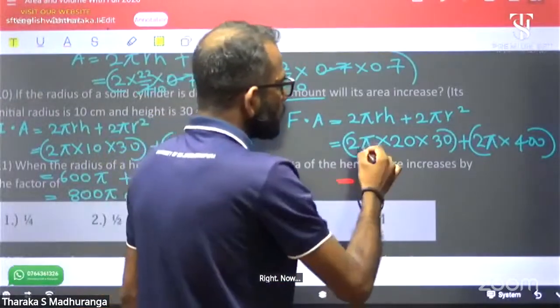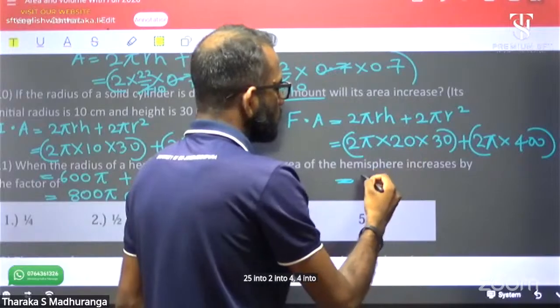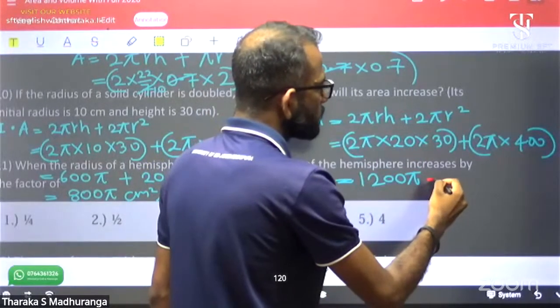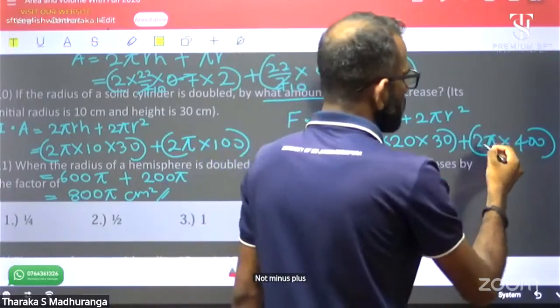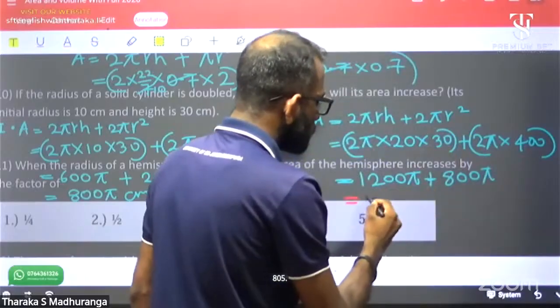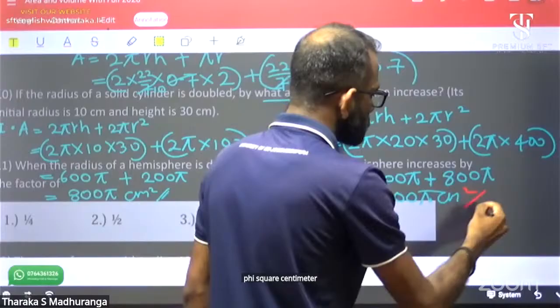Now 2 pi into 2 into 2, 4, 4 into 3, 12, 1200 pi, plus 800 pi. It is 2000 pi square centimeter.